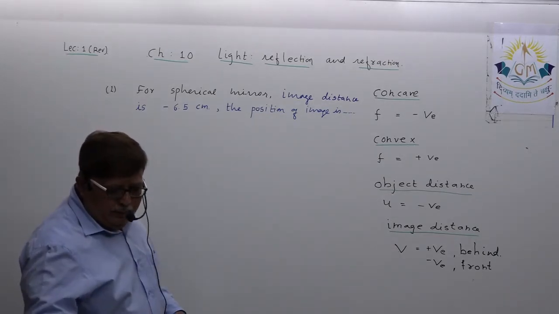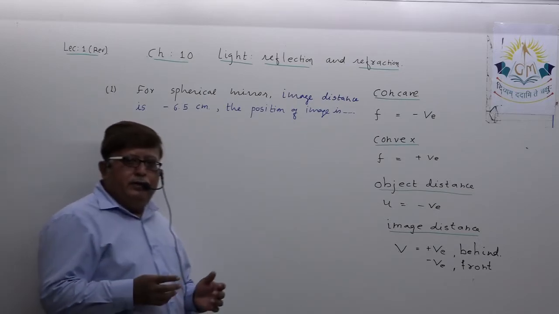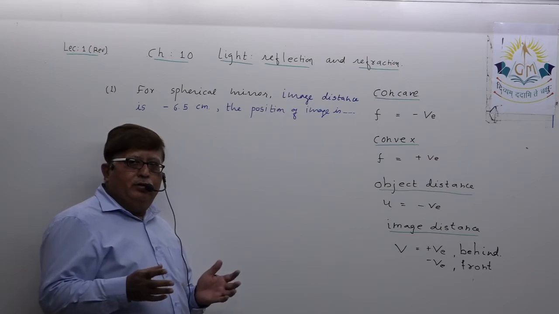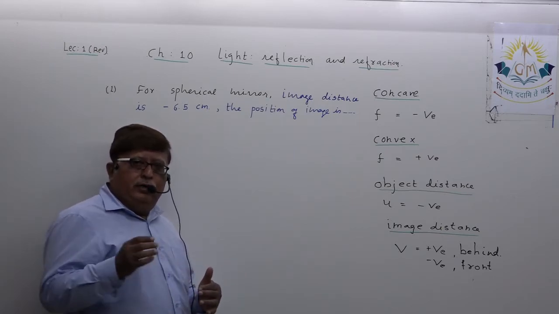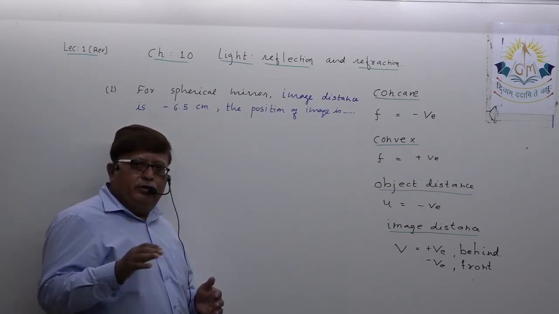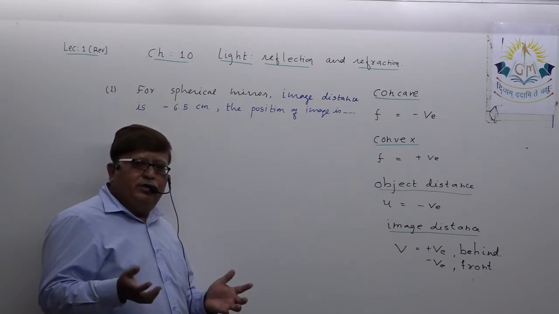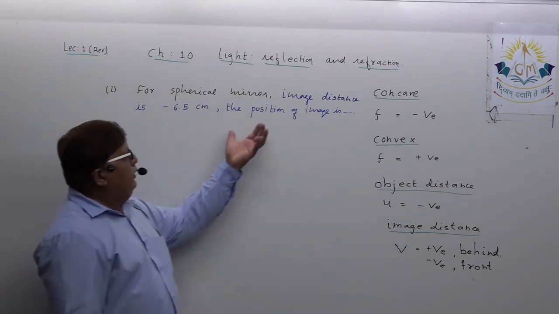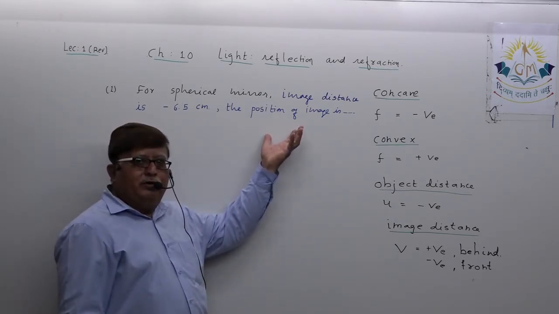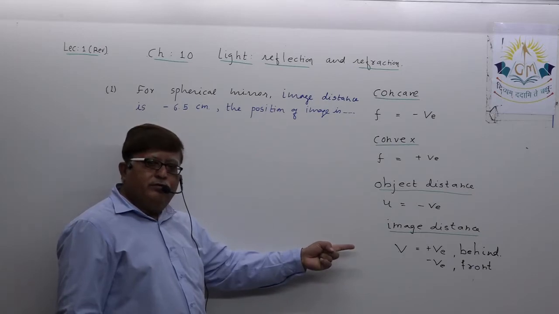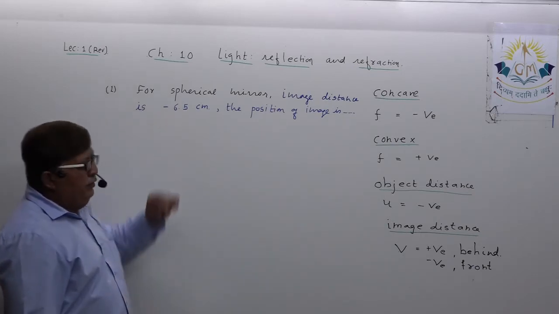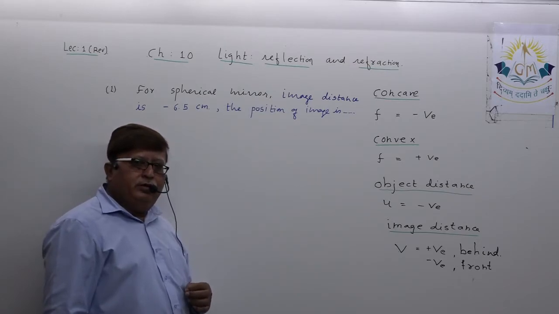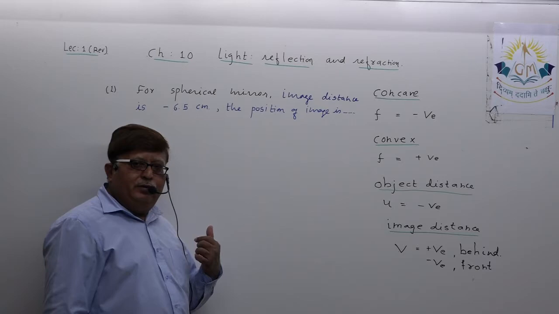For preparing the MCQ, you do not have to explore more and more reference books. No doubt, exploring reference books is going to give you some mechanism of designing a particular question. But here is such a simple question to test your basics. Image distance is written minus 6.5 centimeter. Can you guess where the image is formed?